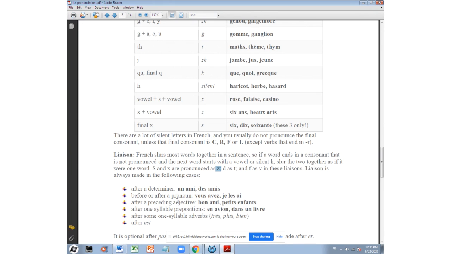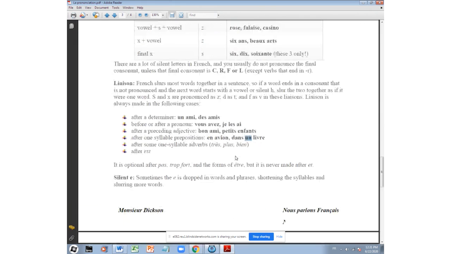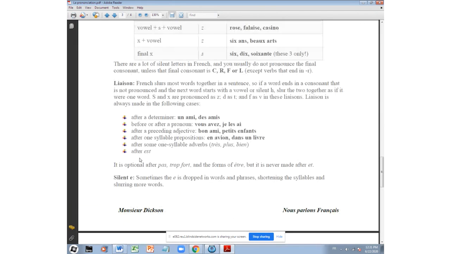Next, after a one-syllable preposition: en avion, dans un livre. After some one-syllable adverbs like très, plus, bien. Then after est, remember we are told it is optional after pas, trop, fort, etc., and the forms of the verb être.